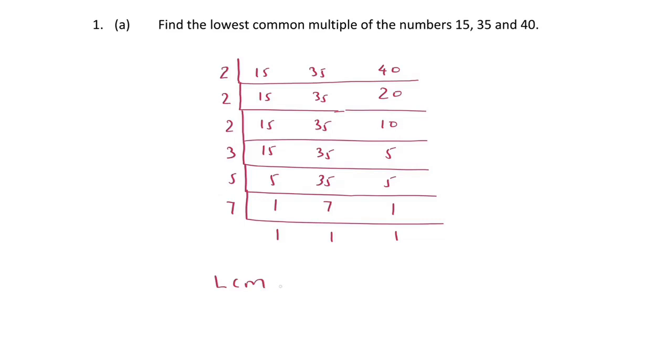Then our equation is going to be 2 times 2 times 2 times 3 times 5 times 7. Of which, after calculating the values, the answer is going to be 840. And this is our lowest common multiple.